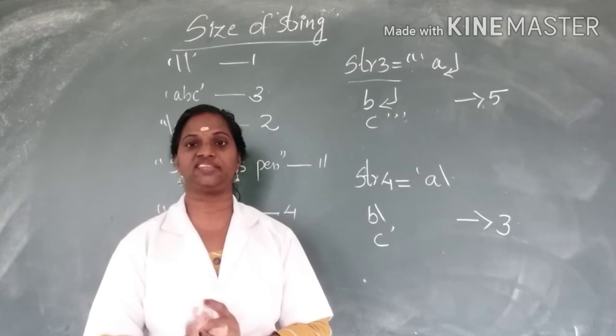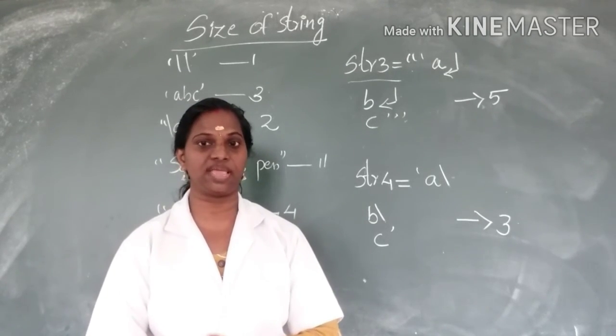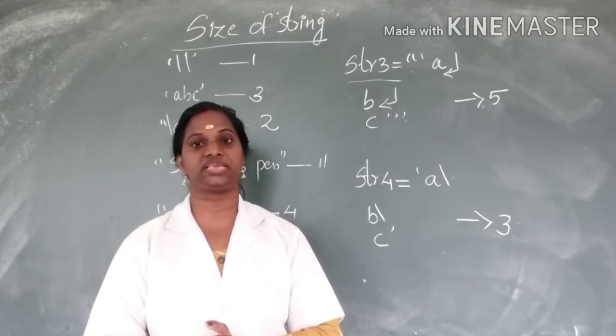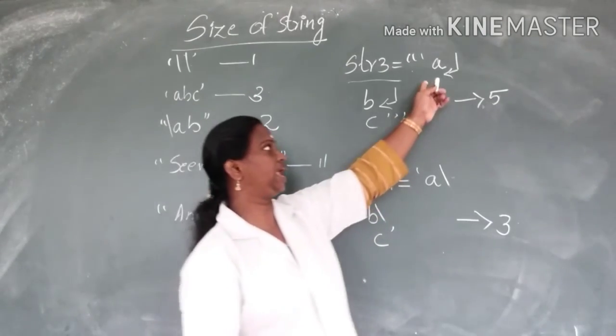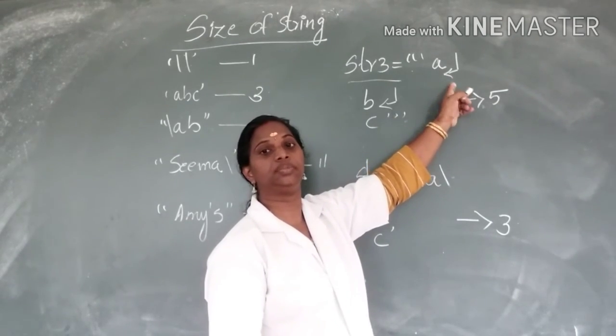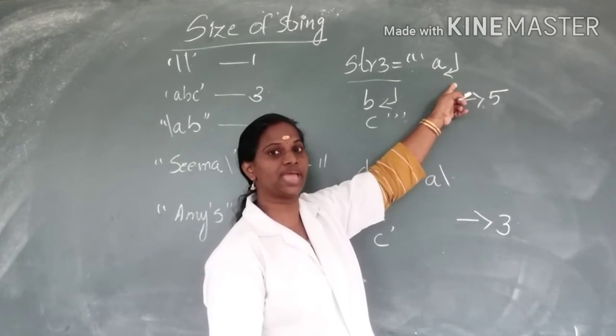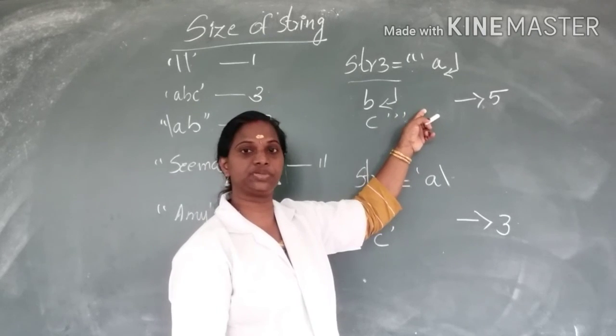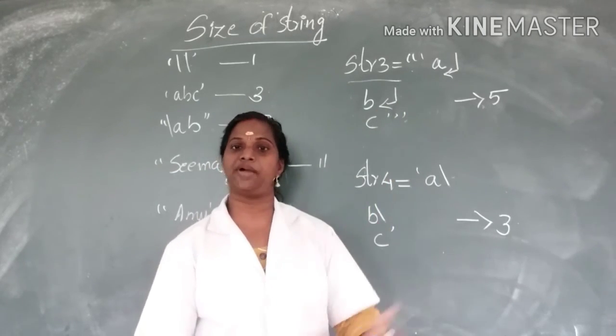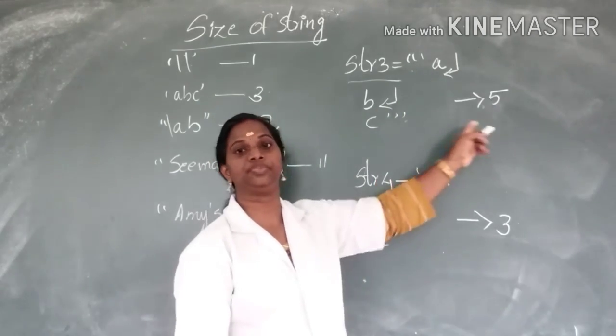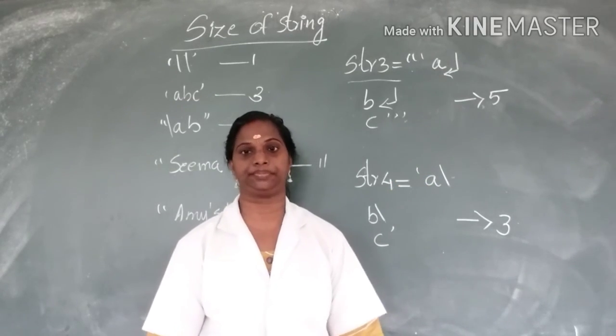So each line break, that is a carriage return, will be taken as a single character. That's why the size of this string is 5.